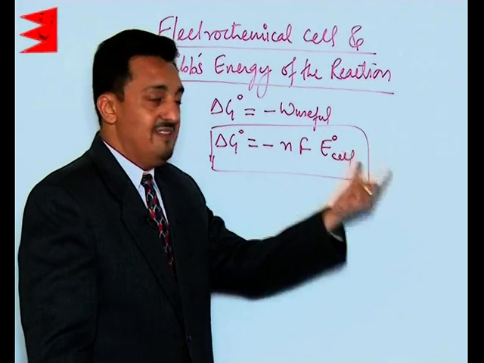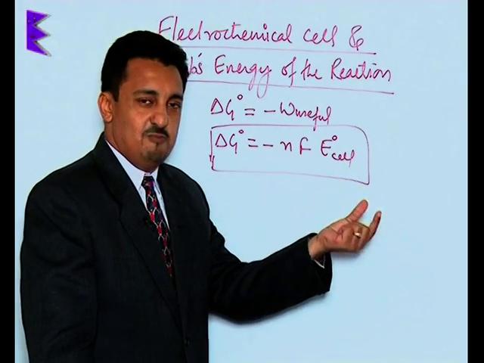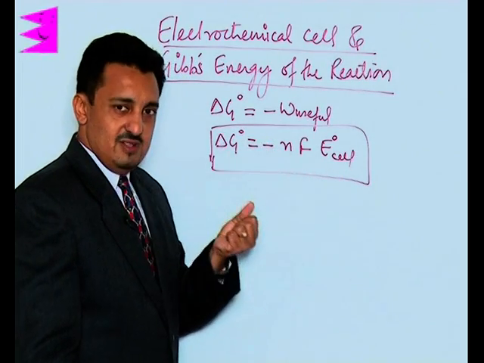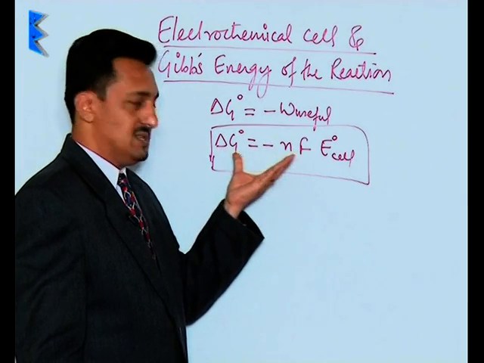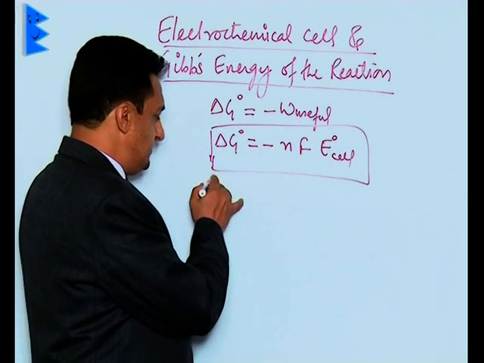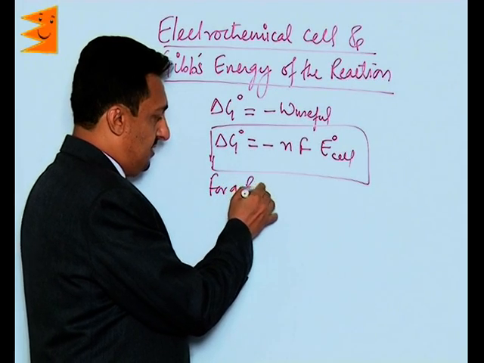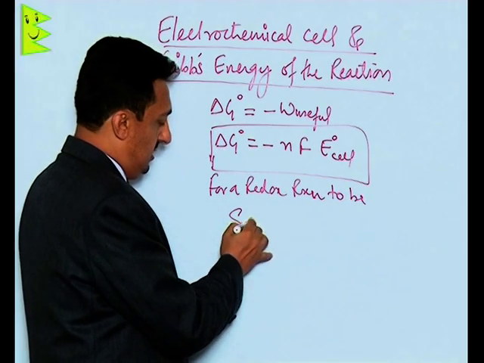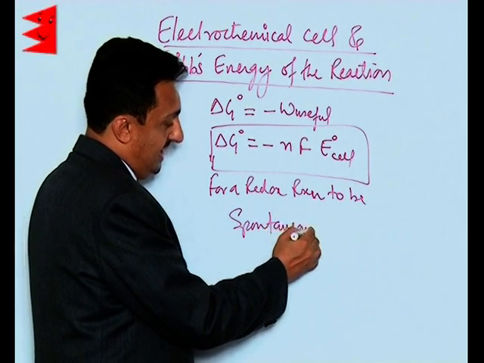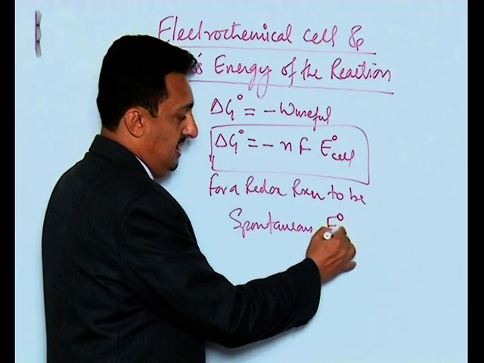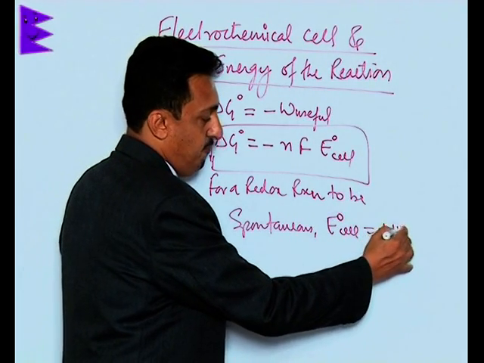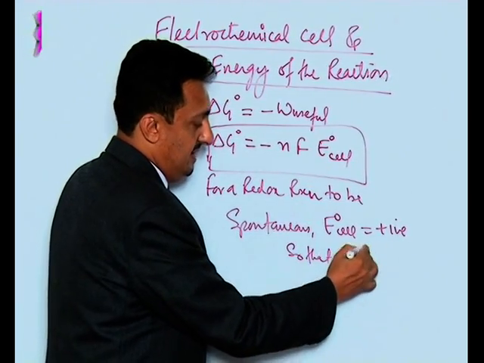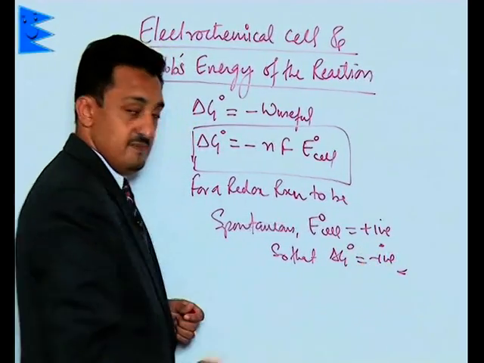So this much of charge is displaced, and E naught cell is the force behind this, the electromotive force. And the most important thing we can obtain from this formula is that for a redox reaction to be spontaneous, the E naught cell must be positive, so that once this is positive, the delta G is negative.